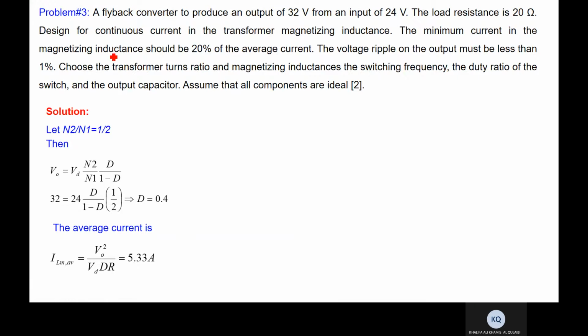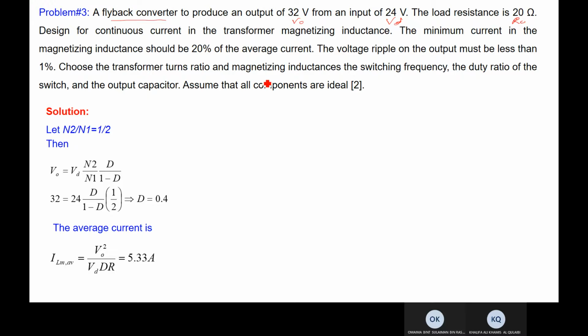Okay, let me read the question. A flyback converter, okay, to produce output, this is V out, 32 volt, from an input VD, 24 volt. The load resistance, RO, 20 ohm.